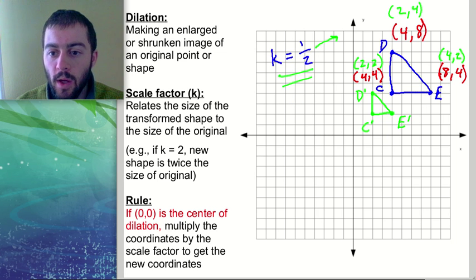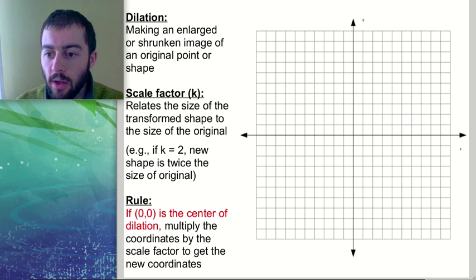All right, so if you want to try out, I'll throw an example out here for you to try out on your own. Let's maybe work our way into a different quadrant here. Let's say we have a triangle like so, and let's say we were going to dilate this triangle with a scale factor of, let's say, 3.